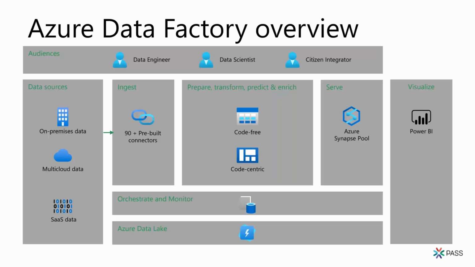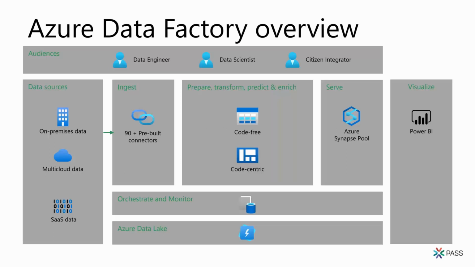And then if we go from left to right on this diagram, when we think of how we work with Data Factory, we have multiple data sources, different types of data, be they on-prem data, be they cloud data. And I don't mean just Microsoft's cloud.